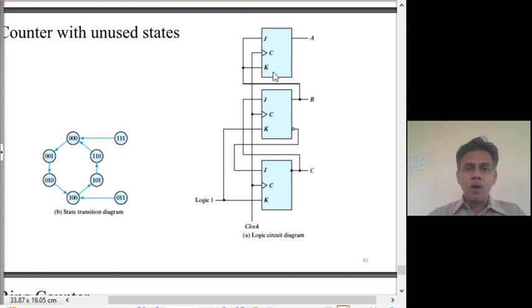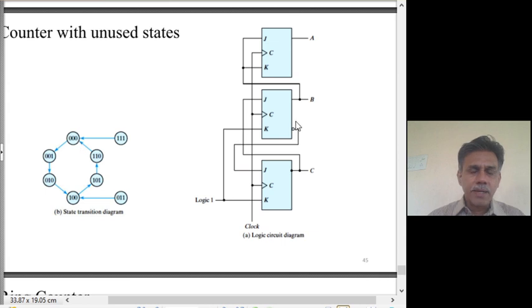Now, if all of them are 1, 1, 1, what will happen? Well, A is 1, B is 1, C is 1. So, what will be the value of JA and KA? JA and KA are both B. Because B is 1, J and K of A are both 1, 1. So, A will flip to 0.